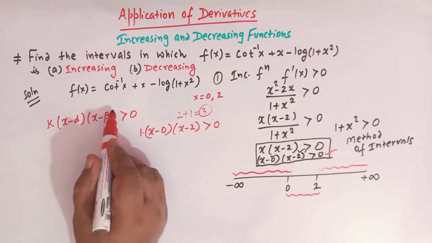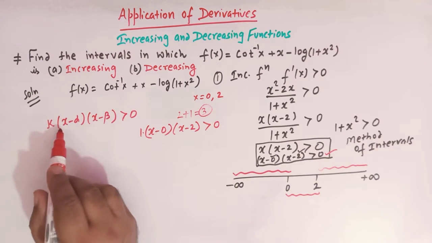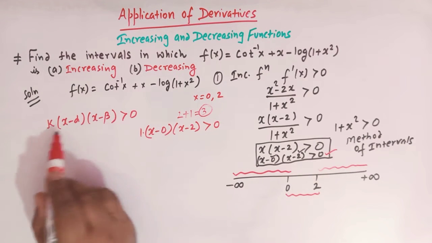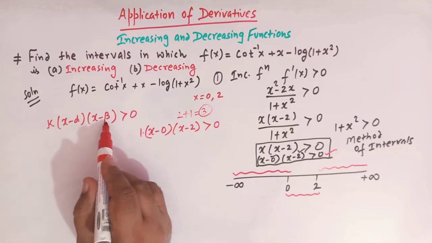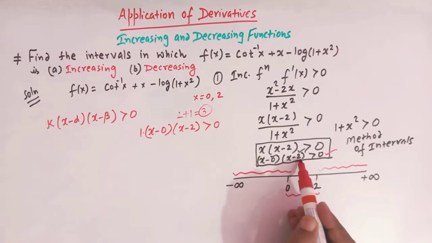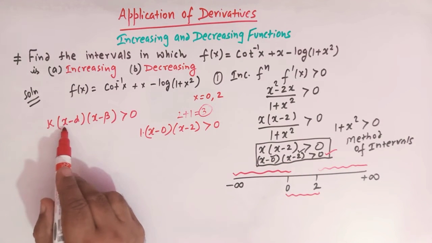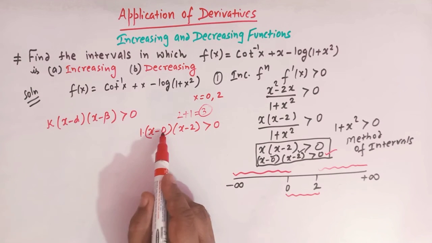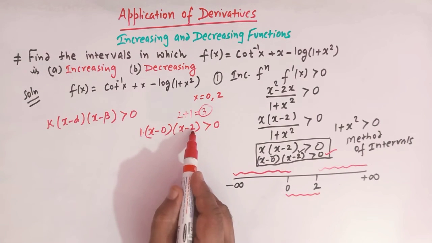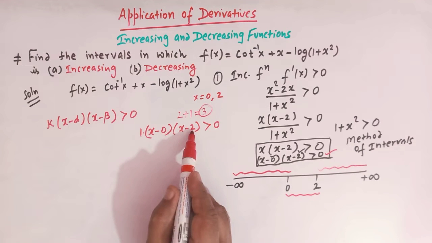So when we have any quadratic expression of this form, k times x minus alpha, x minus beta, similar to this one, k is 1, alpha is 0, and beta is 2.